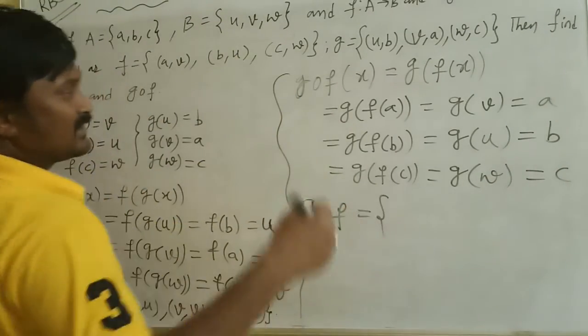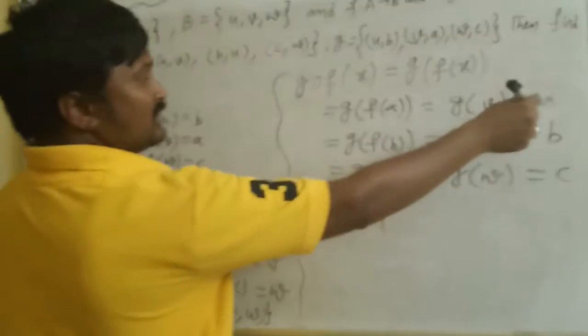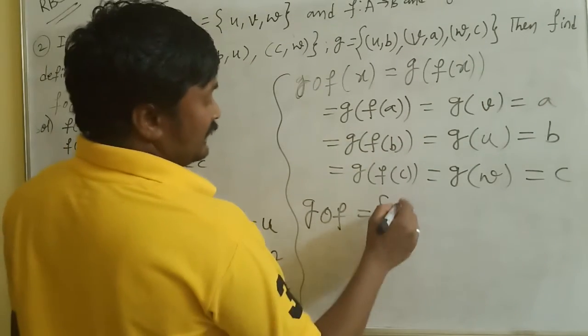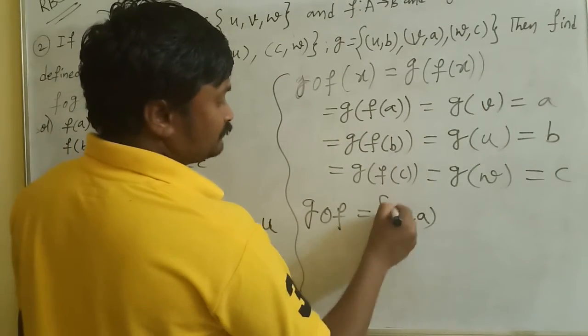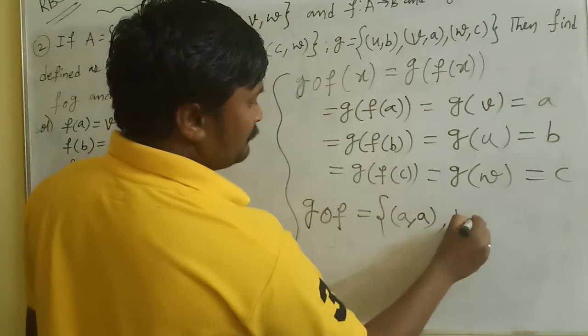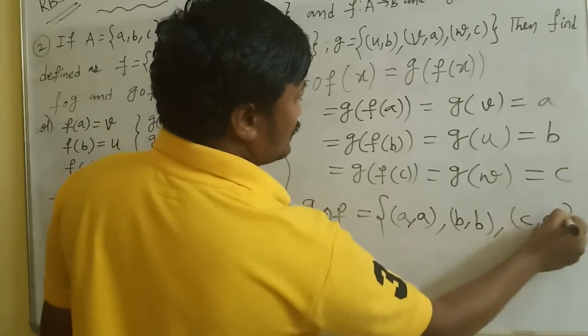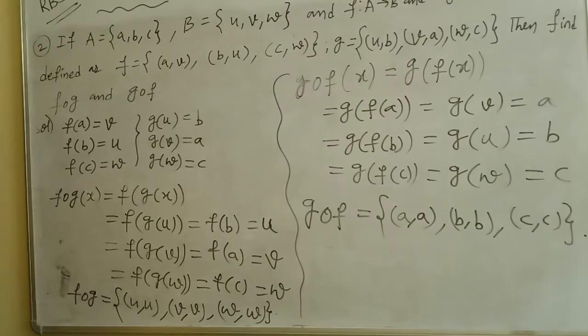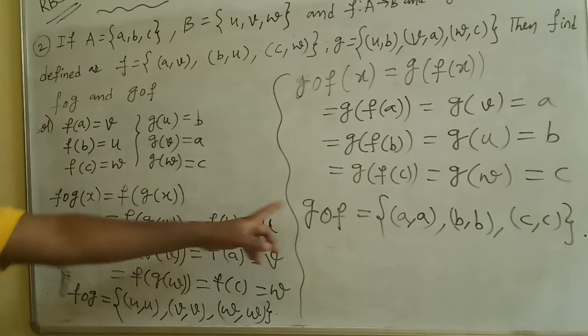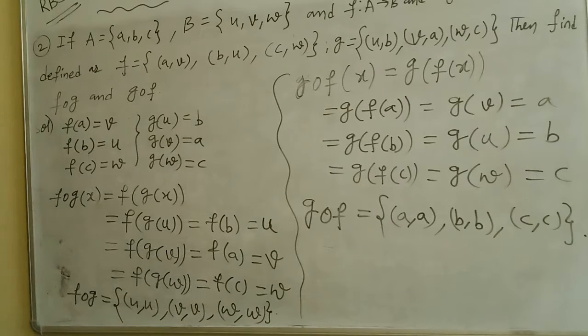Your G circle F is nothing but, when you give a, it is (a, a), (b, b), next (c, c). So this is about your F circle G and G circle F. In this way, we need to find the second question. And let's move on to the next question.